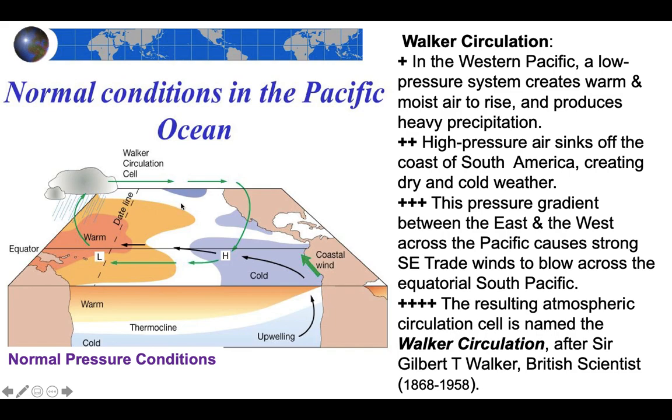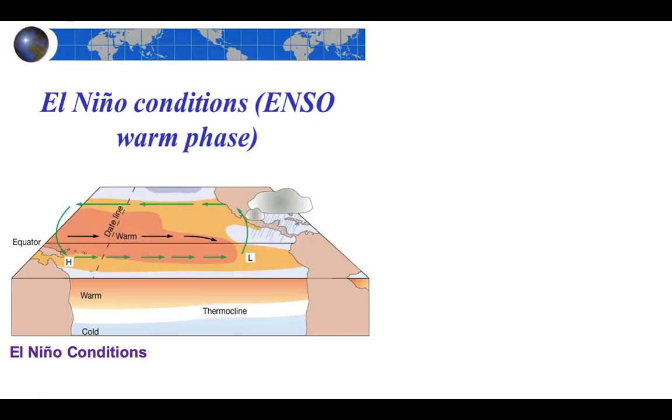A British scientist, Sir Gilbert Walker, discovered this and wrote a paper about it for the first time in the 1870s, and to give him credit, since the early 1940s we call it the Walker circulation. So these are the normal conditions of the Pacific Ocean water.